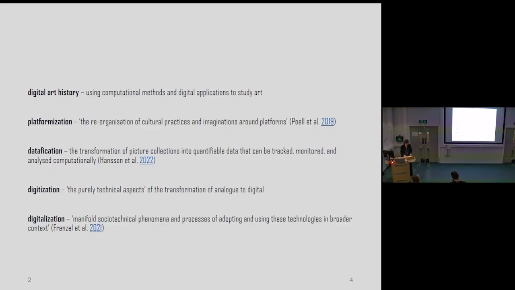Much of the writing on the transformation of picture collections from analog to digital in heritage institutions has focused on digitization in quantitative terms, implicating the portion of analog collections which have been made accessible digitally online. This is well monitored by national and governmental organizations, as well as by the heritage institutions themselves.